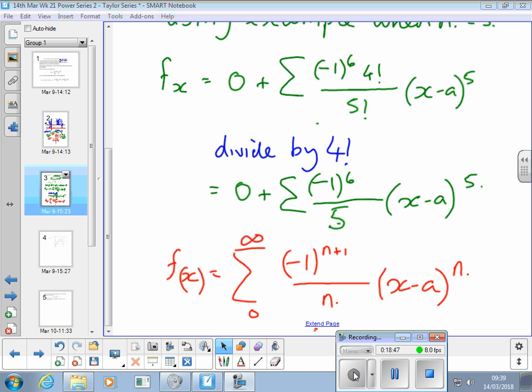No. Yes, sorry, yes, you could. The reason that's not as clear is if you've got factorial notation.